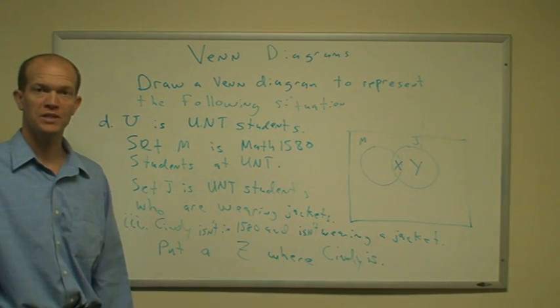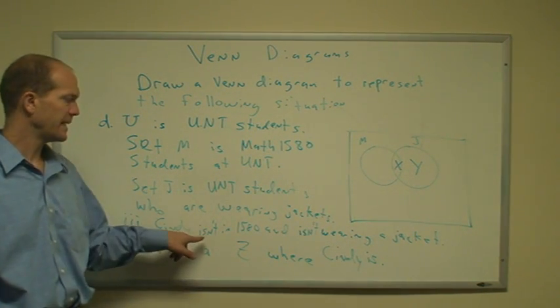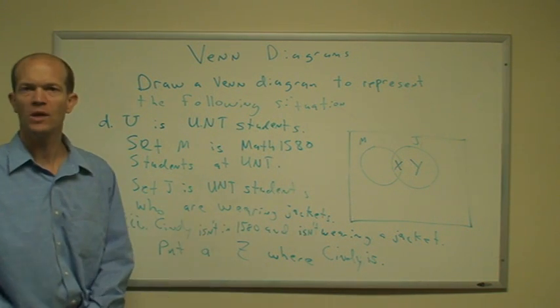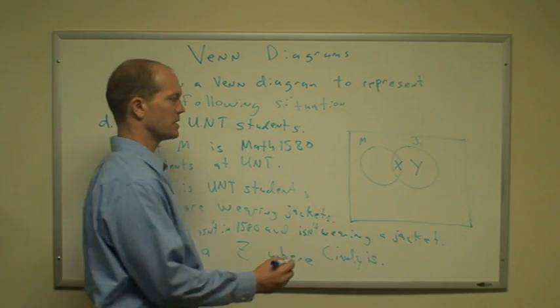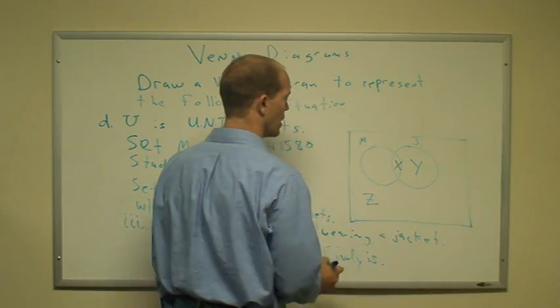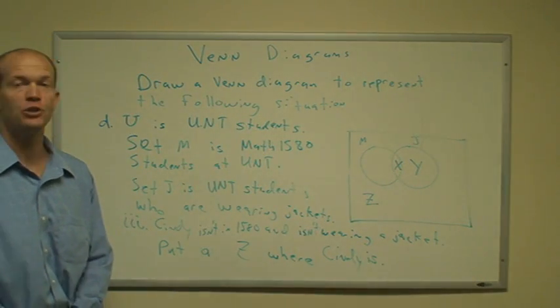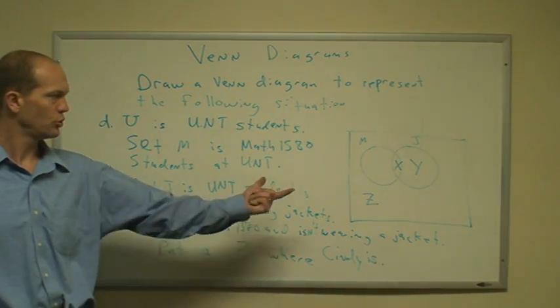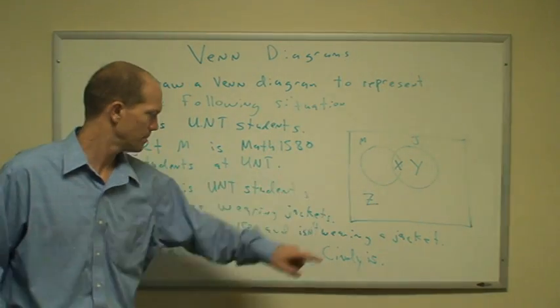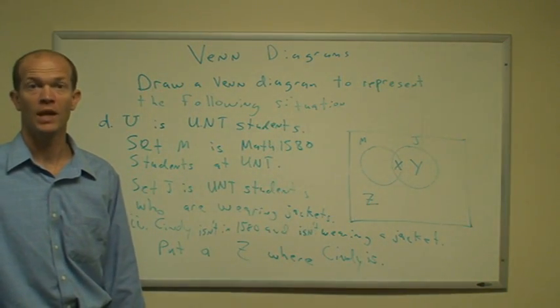The third part of this example tells us Cindy isn't in 1580 and isn't wearing a jacket. I want to put a Z where Cindy is. Since she's not in either part of that, she is part of the universal set of UNT students. The Z should go outside of those two circles, what I call the MasterCard part of the area right here. Z's out there. Looks like where Cindy is. Have fun with logic.